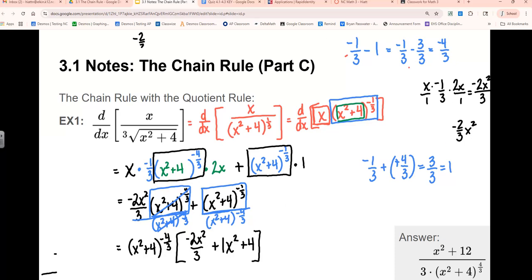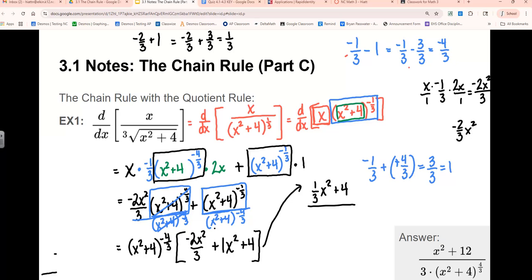Negative 2/3 plus 1 is going to be negative 2/3 plus 3 over 3. Forget common denominators there. And that is going to be 1/3. So I'm going to end up here with positive 1/3 times x squared plus 4.